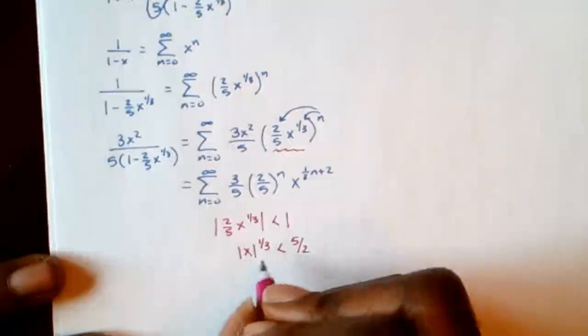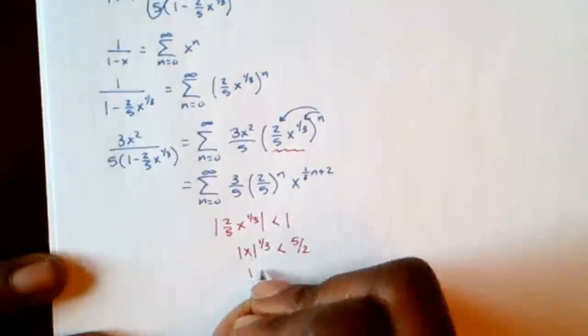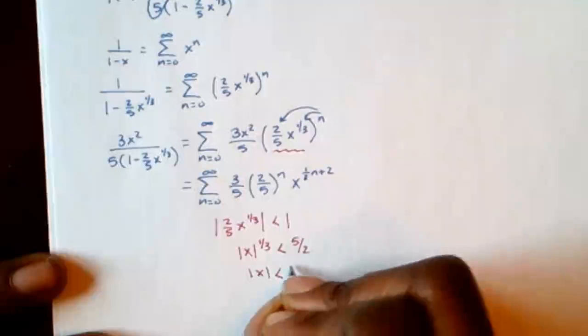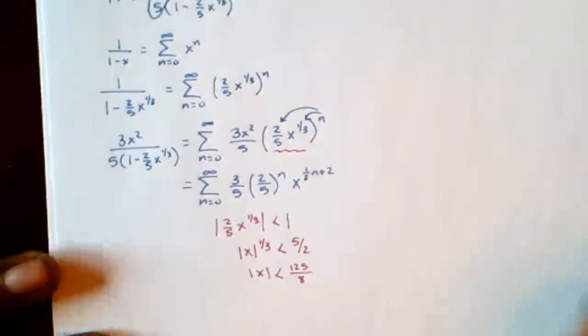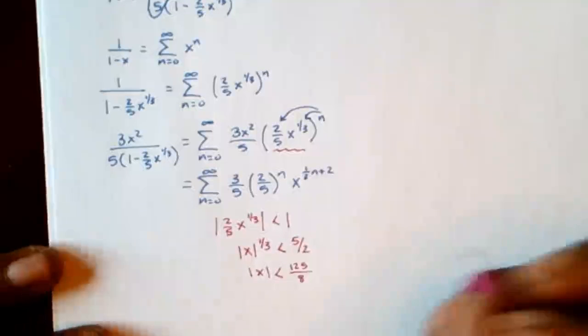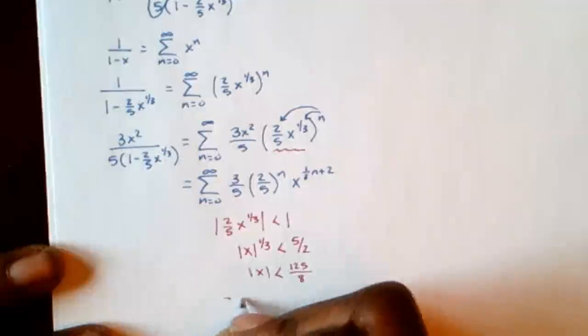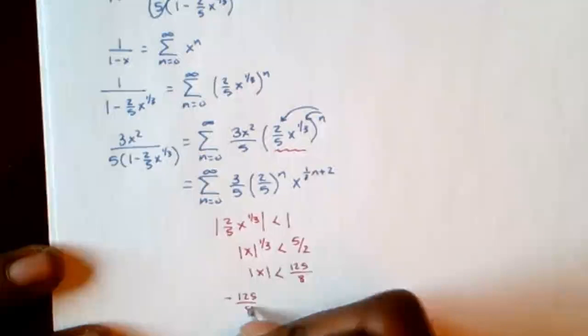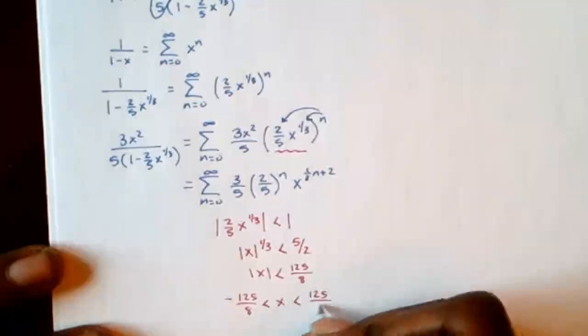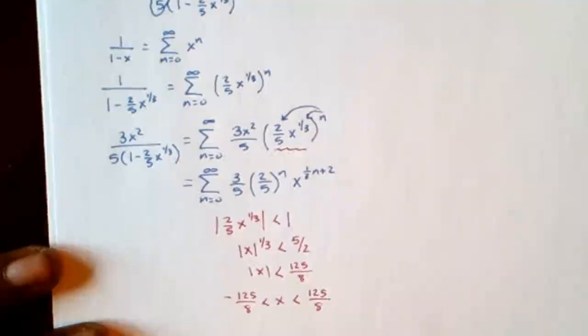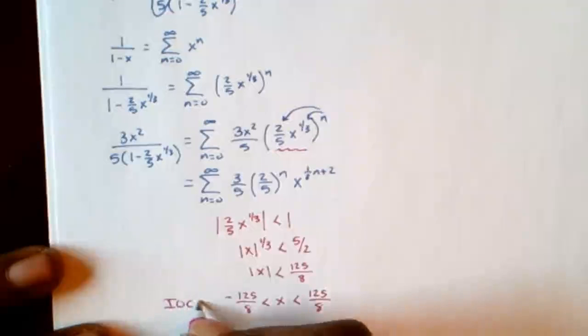And then if I cube both sides to get rid of the 1/3, I have the absolute value of x has to be less than 125 over 8. And then, using the properties of absolute value, that tells me that negative 125 over 8 has to be less than x, has to be less than 125 over 8. All right, and again, that's my interval of convergence.